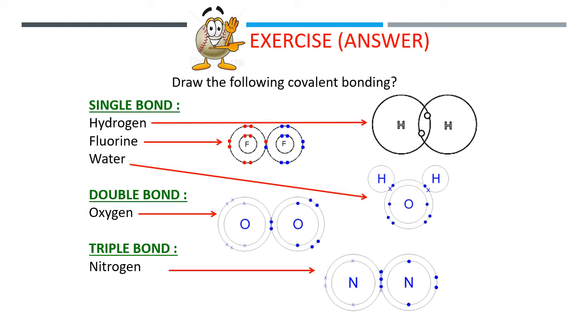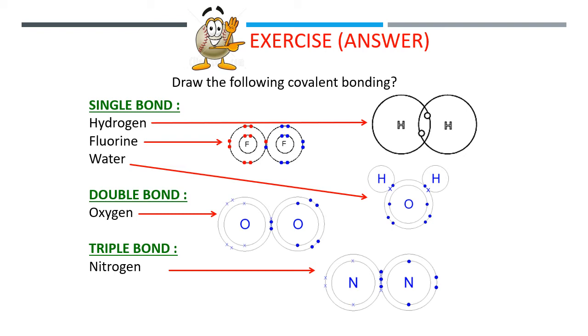Again, to complete the 6 electrons of oxygen, 2 hydrogen atoms are shared to complete 8 in the second shell of the H2O molecule. And then we also have double bond.